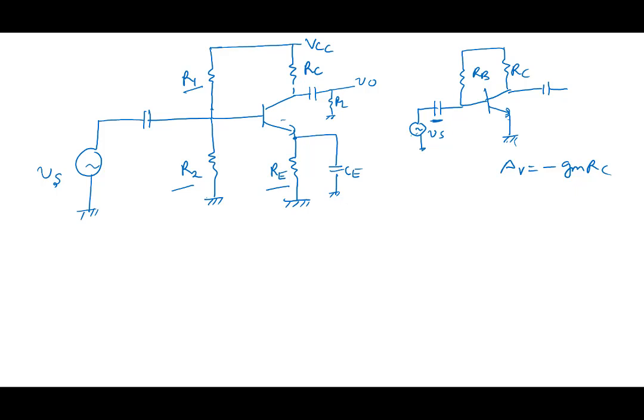A common emitter amplifier with a voltage divider bias, with a more stable bias point.